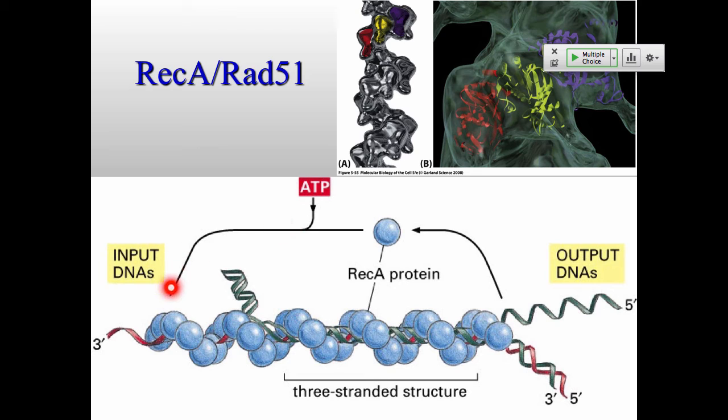It's through ATP binding and hydrolysis that you end up having this strand exchange reaction, starting with this red single strand and green double strand gives you a red-green strand here, and then a green single strand that comes out the back.